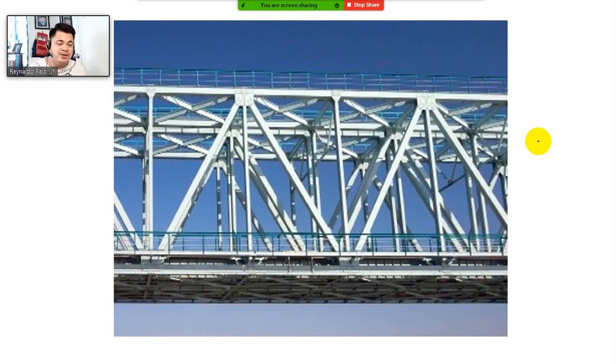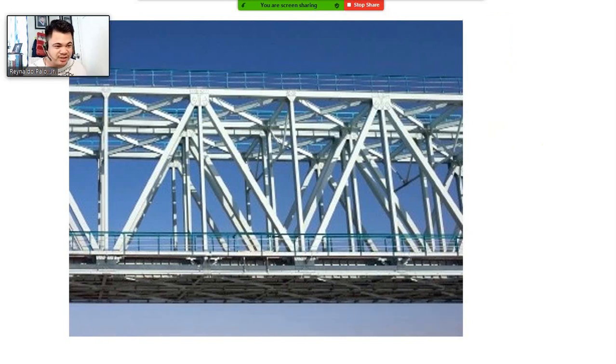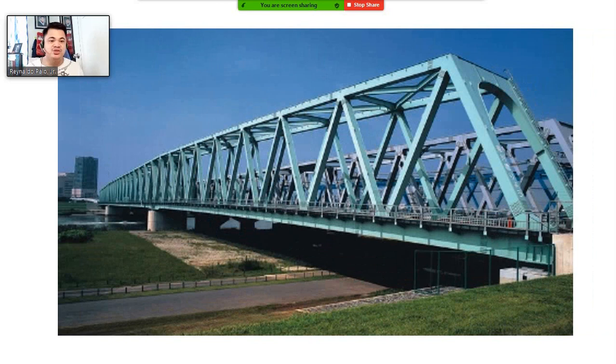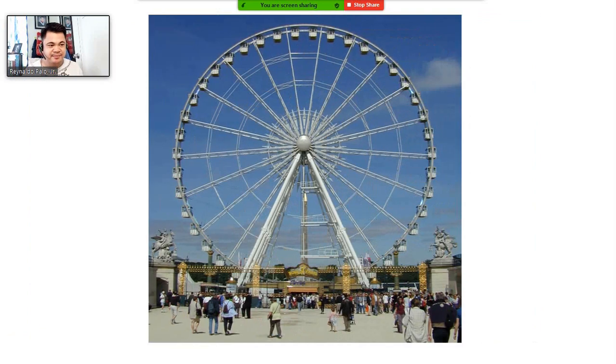There will be a question on the structural integrity of this bridge if the triangles are not congruent. The same goes for this structure, which also has congruent triangles. Then we have the Ferris wheel. Of course, the Ferris wheel will not keep its circle shape if the triangles are not congruent.